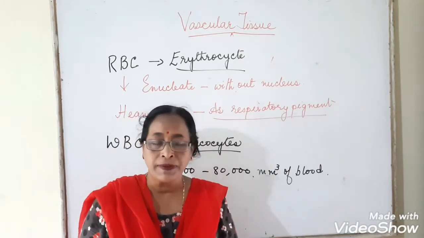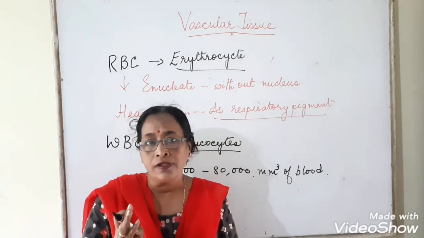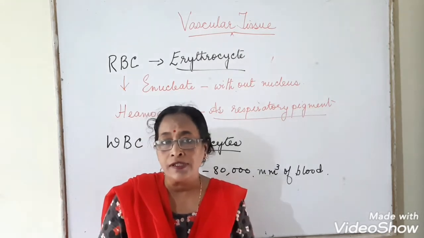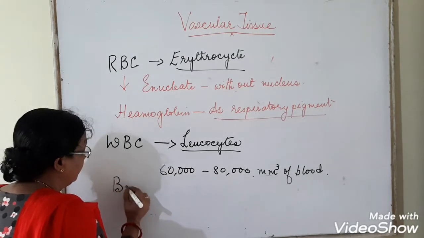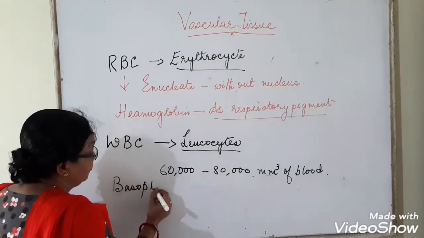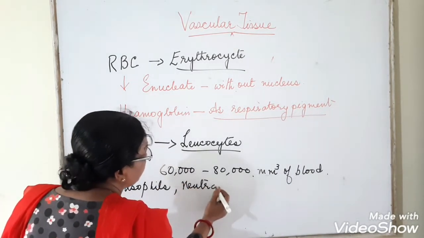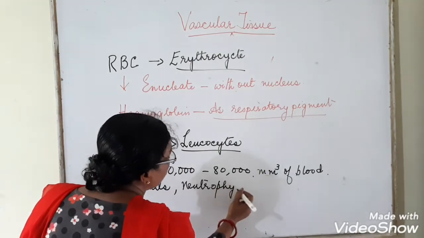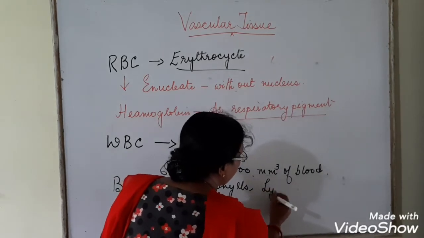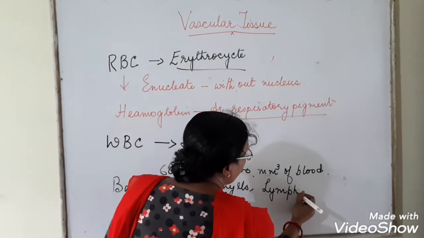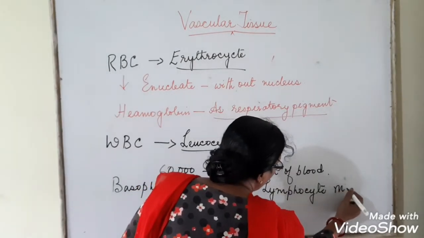WBCs are of many types, like the basophils, the neutrophils, the eosinophils, the lymphocytes, and the monocytes.